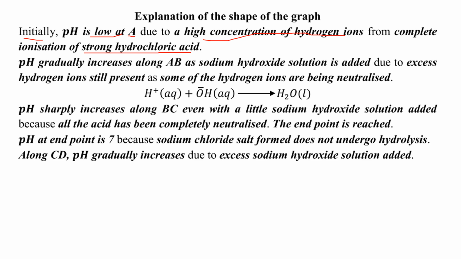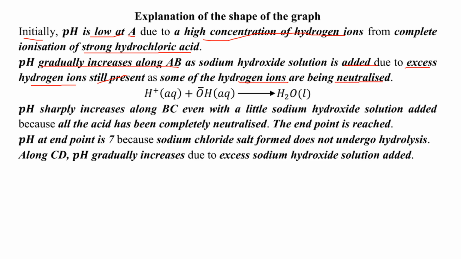Now going to that, we explain AB. So pH gradually increases along AB as sodium hydroxide solution is being added. And why is that the case? This is due to excess hydrogen ions still present, as some of the hydrogen ions are reacting with the hydroxide ions to be neutralized.